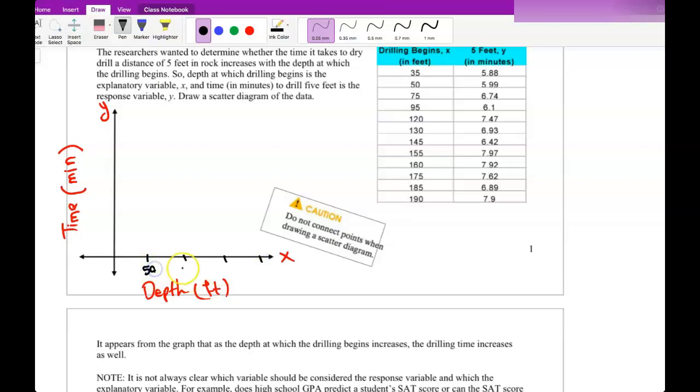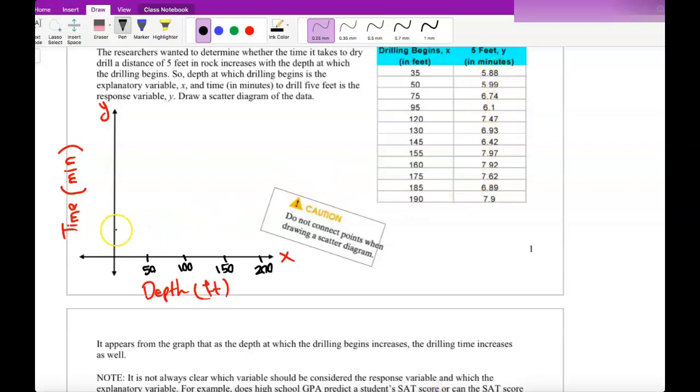So that is 50, 100, 150, 200. On the y-axis, the lowest one I have is 5.88. These are not in order, but that is the lowest point we have, and the highest one is 7.9.